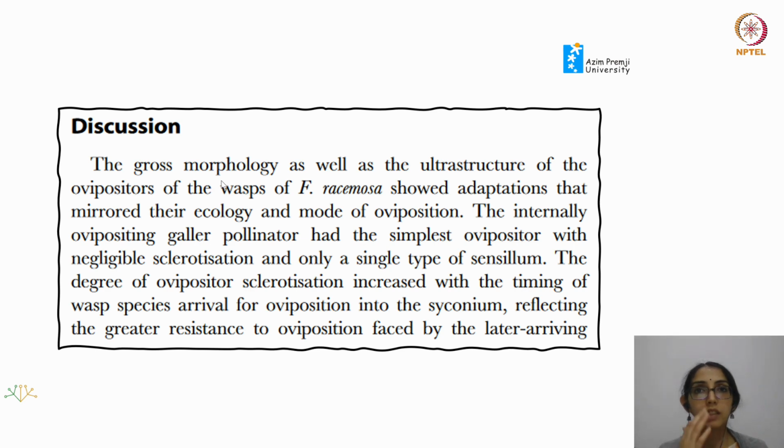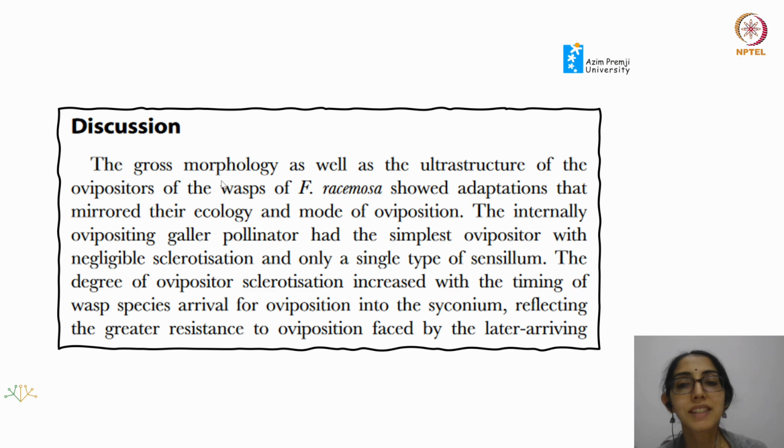So now, if you look at the discussion, so this paper has a discussion section. Sometimes it's called conclusion. Sometimes it's combined with the results, right? Let's have a read together of this discussion. It's saying the gross morphology as well as the ultrastructure of the ovipositors of the wasp F. racemosa showed adaptations that mirrored their ecology and mode of oviposition.